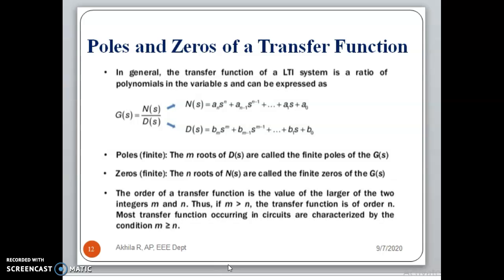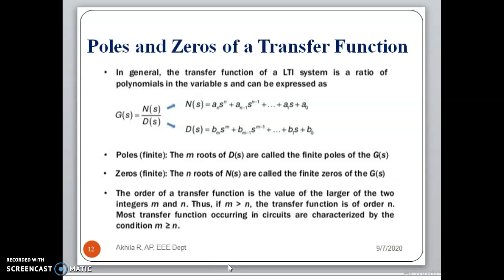I have represented G(s), my transfer function, as N(s) by D(s). So the roots of D(s) are going to be called the poles of the transfer function, and the roots of the numerator are going to be known as the zeros of the transfer function.